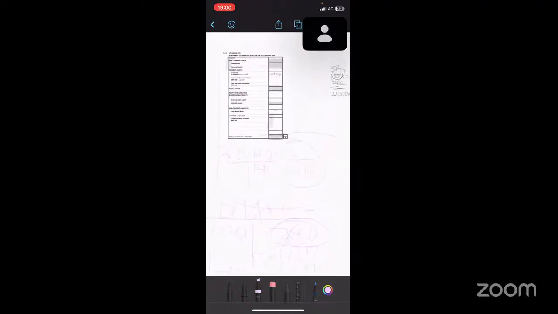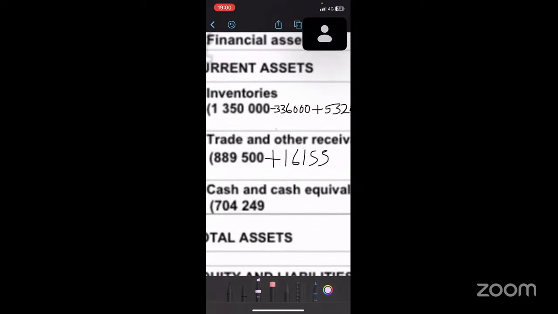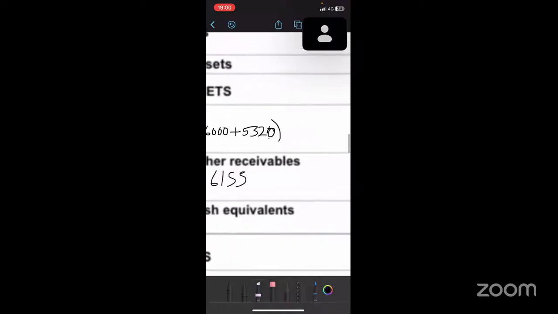Good, good. And now we're going to minus it because we have it in here, 89,000. We have it here, so we have to subtract it from here.